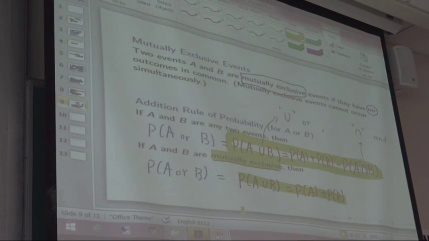Now let's apply this to the following example. Done? Okay.